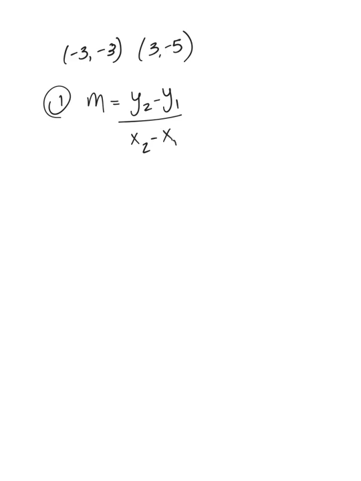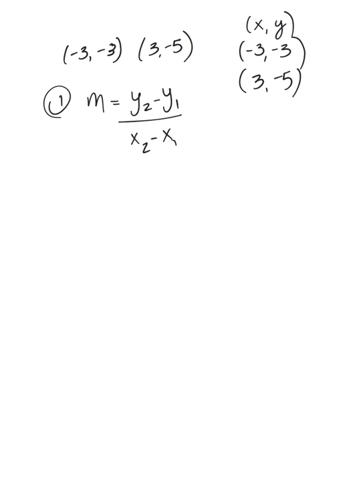Now, as I mentioned earlier, I think it's easier to stack my coordinates, because in this way, I know what x is, I know what y is. And remember, it does not matter which one you label x1, y1, or x2, y2.